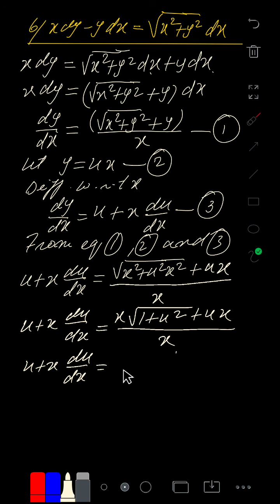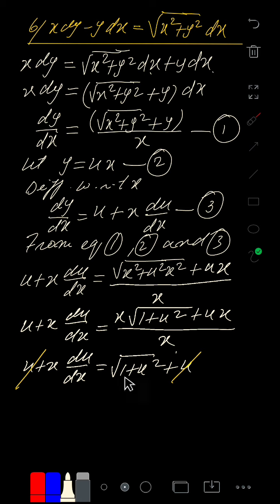So we have only under root 1 plus u square plus u on the right hand side. And as you see, this u will cancel this u because on transposing this u we get minus u over here, so plus u minus u will be cancelled. Now we are left with x du upon dx on the left and under root 1 plus u square on the right hand side.